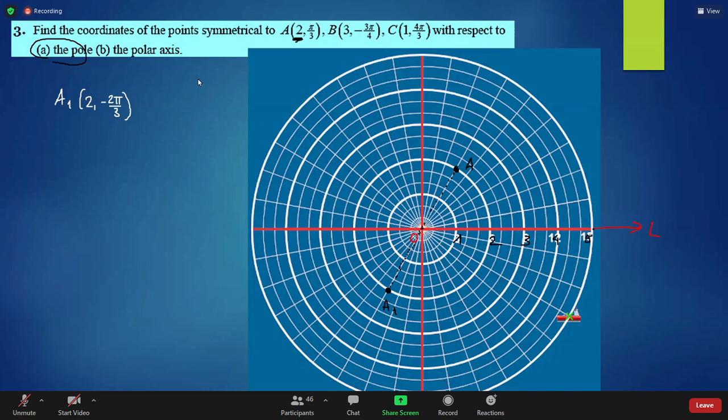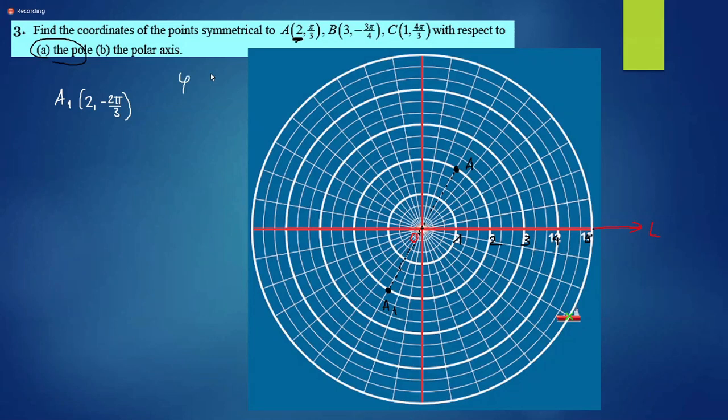If I decide that I prefer angles from 0 to 2 pi, then I would need to add pi to reach this point, to go on in the positive direction.